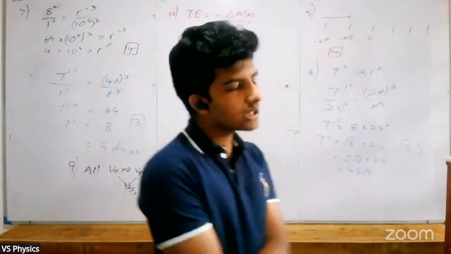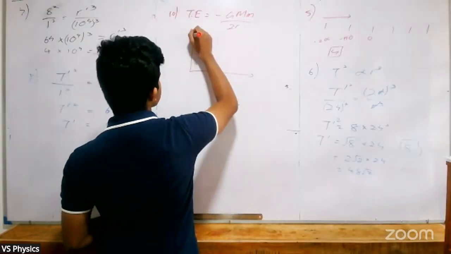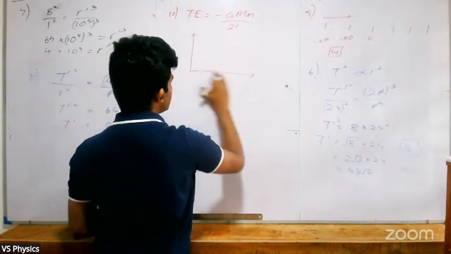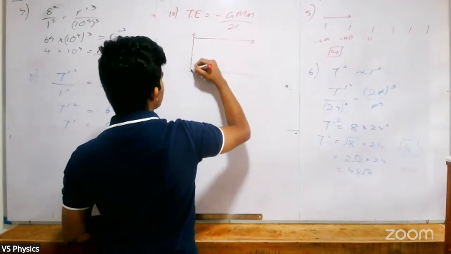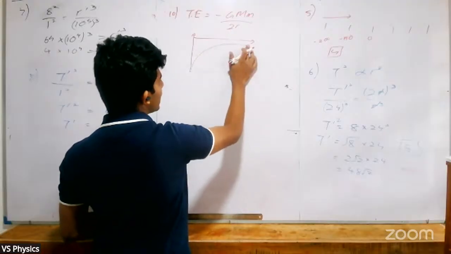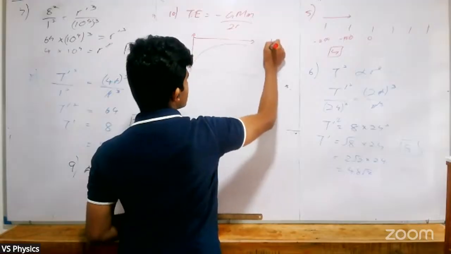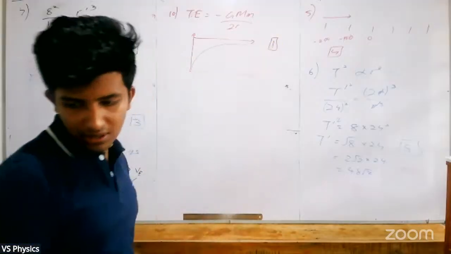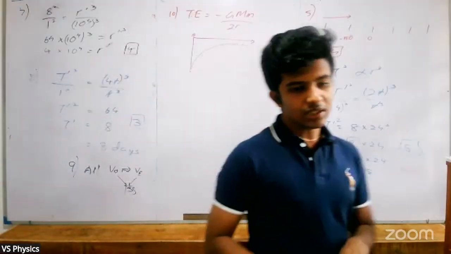But is it positively curved or negatively curved? Actually, this is a minus GMm over r graph, where we get this graph, and the graph is actually given by the first answer. So that is the answer for the 10th question.